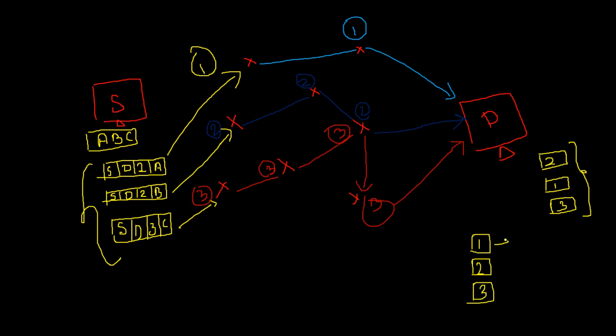From the first packet the message is A, from the second packet the message is B, and from the third packet it receives the message C. So after combining, the destination gets the message A, B and C.